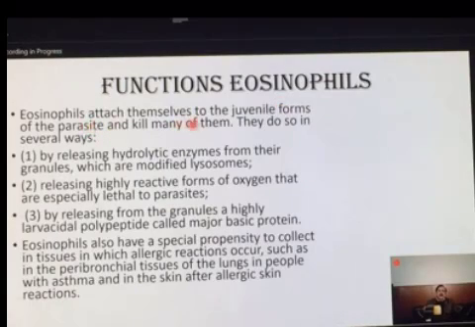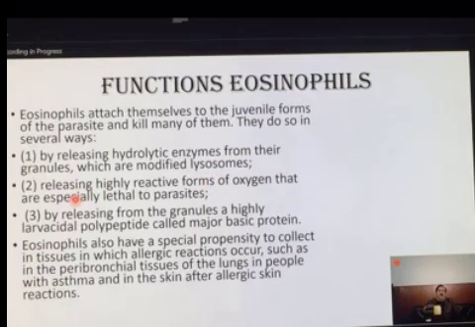Eosinophils attach themselves to the juvenile form of worms when they are in the gastrointestinal tract. The number of eosinophils increases. They attack the juvenile parasite, the young parasite, and kill it. They do so in several ways. One mechanism is by releasing hydrolytic enzymes from their granules, which are modified lysosomes.